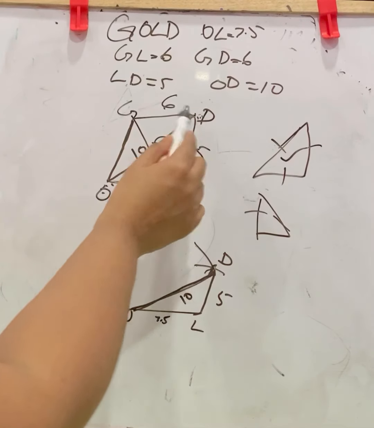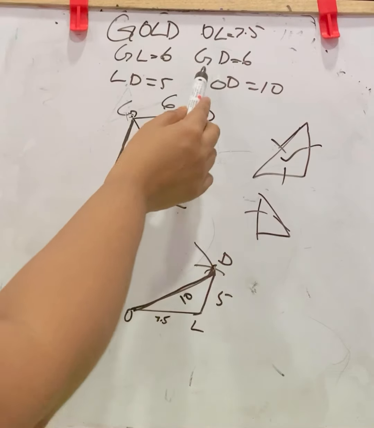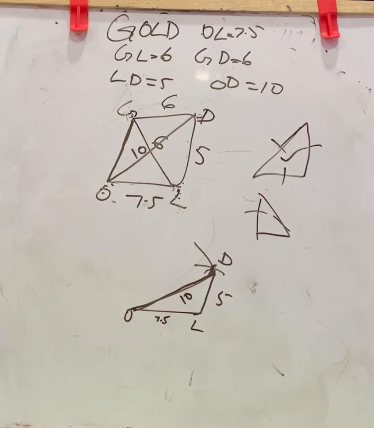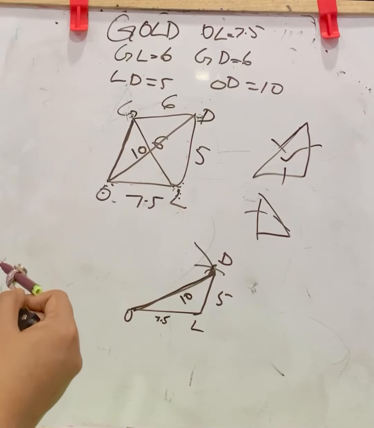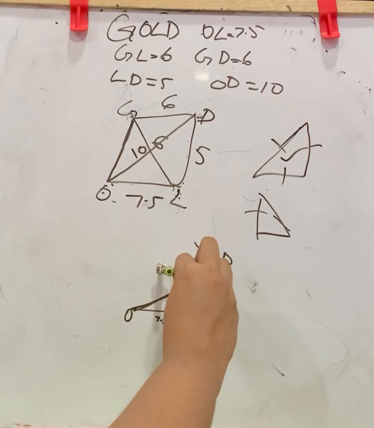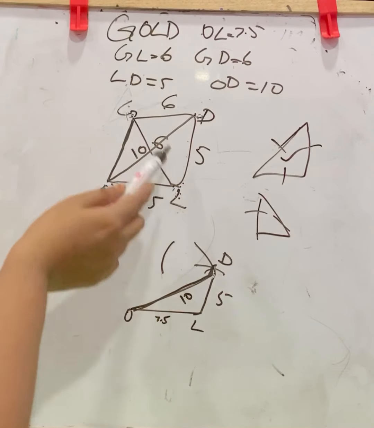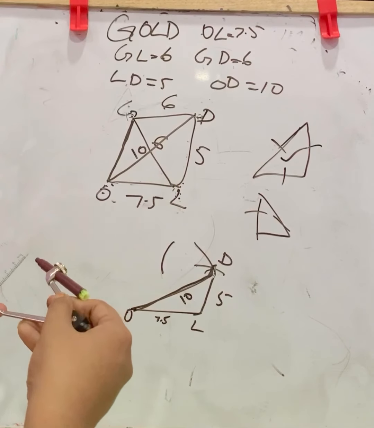Next we have GD length and LG. So GD is 6 centimeter. We can take 6 centimeter in the compass and draw an arc from here. Next is GL, that is 6 centimeter. Again 6 centimeter.